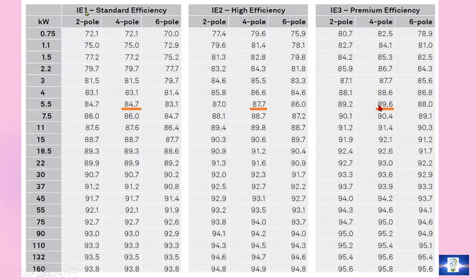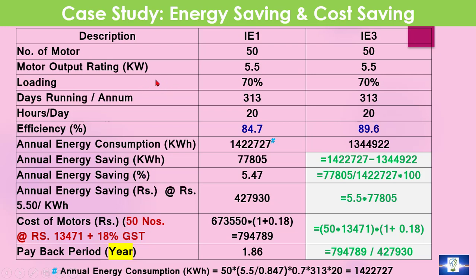The IE3 motor is almost 5% more efficient than the IE1 motor. For your easy understanding, I have prepared a case study where energy saving and cost saving are shown. This is for the IE1 motor and this is for the IE3 motor.